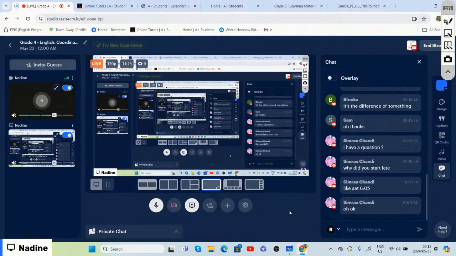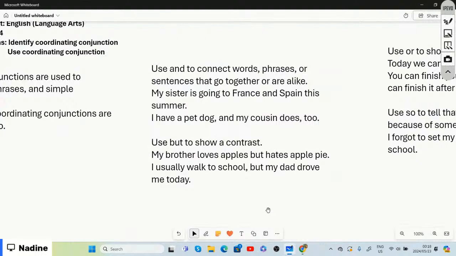All right. So we're going to continue. We said that we use "and" to connect words or phrases. We use "but" to show a contrast, the difference between two sentences or two phrases.